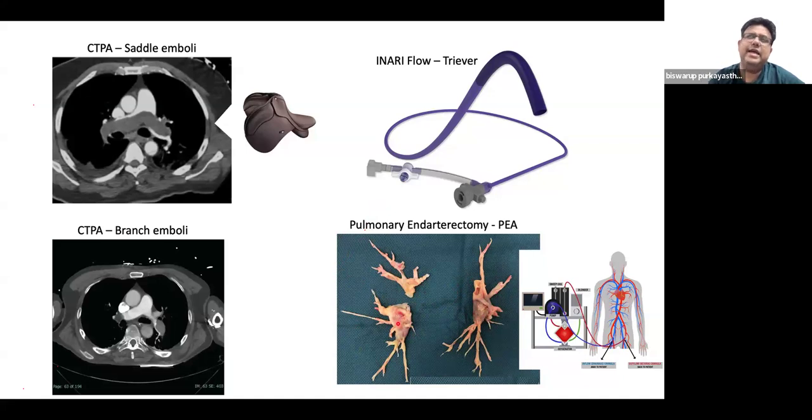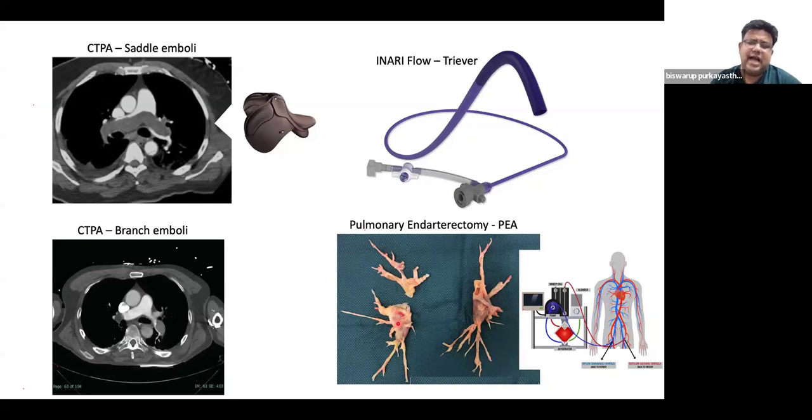And today, I have trained with one of the biggest names in pulmonary endarterectomy in this country, Dr. P.V. Rao and Dr. Devi Prashant Shetty. In the recent STS guideline on pulmonary endarterectomy, our institute finds a special mention as the largest center for pulmonary endarterectomy anywhere outside the United States.